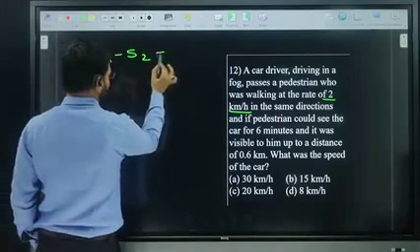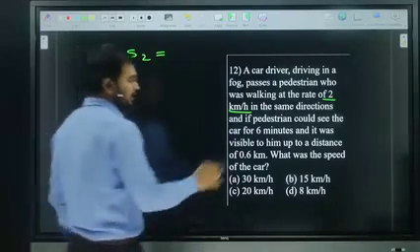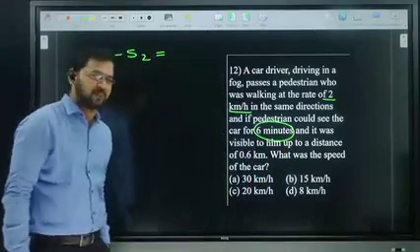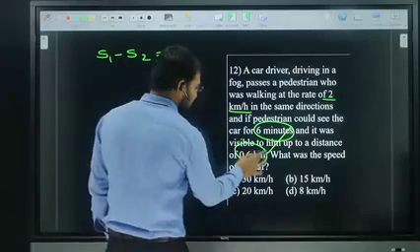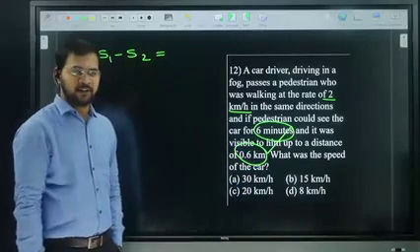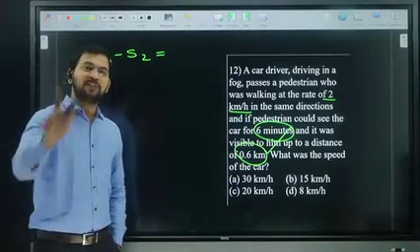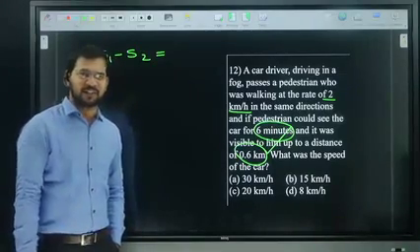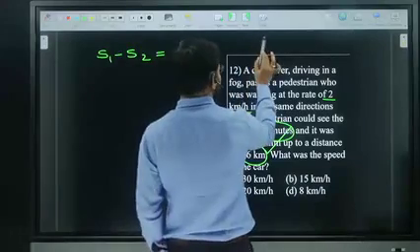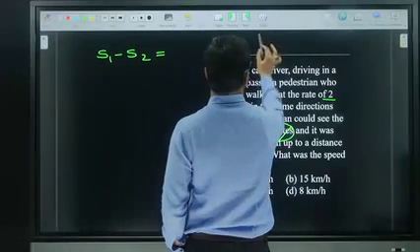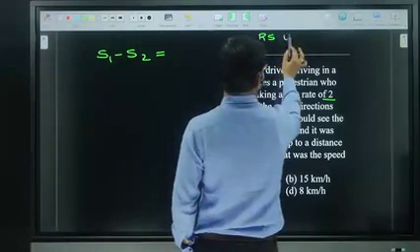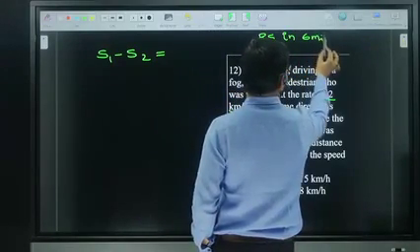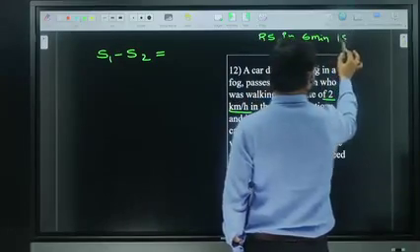S1 minus S2 is equal to, look at me, in terms of time, visible up to 6 minutes. In terms of distance, visible up to 0.6 kilometers. So in 6 minutes, the relative speed covers 0.6 kilometers.